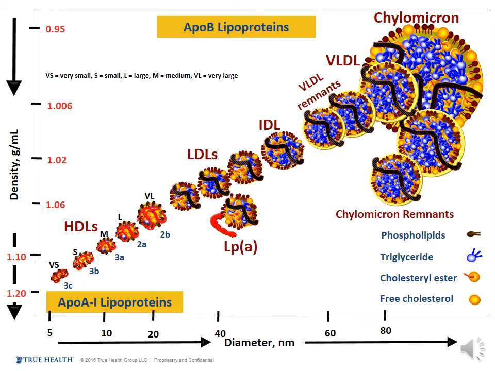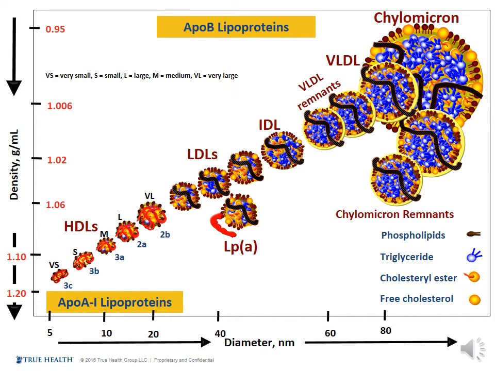The HDL particles, which contain 1 to 5 molecules of ApoA1, are often referred to as the alpha lipoproteins. The very huge chylomicron is an intestinally produced lipoprotein which goes through the lymphatics before it enters plasma. It's primarily a triglyceride delivering particle.